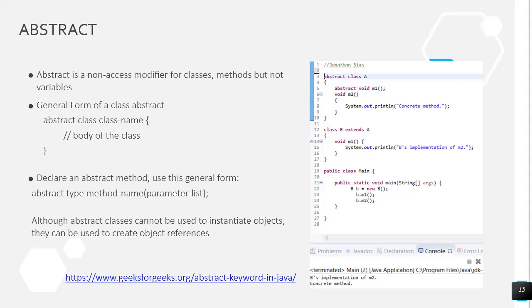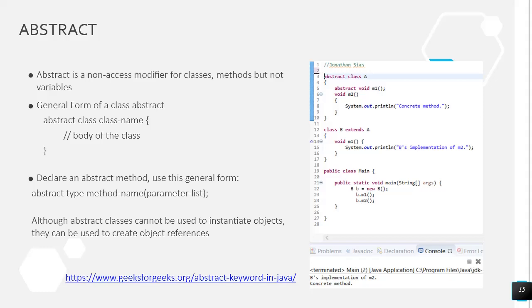Another one is that there are illegal combinations with other modifiers for methods with respect to the abstract modifier. So we can't combine it with final, native, synchronized, static, private, and strictfp.